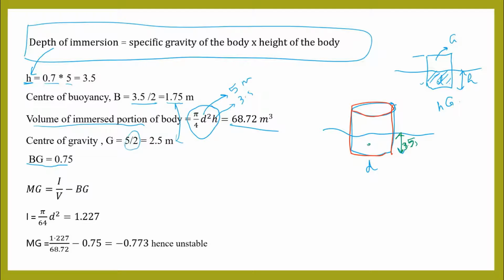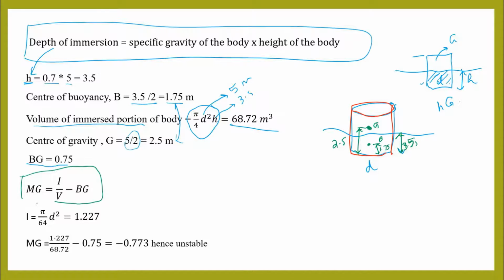The center of buoyancy will act here, at a height of 1.75, and the center of gravity acts at a height of 2.5, which is at the middle of the cylinder. So the distance between B and G is 2.5 minus 1.75, which gives you BG. That is 0.75.